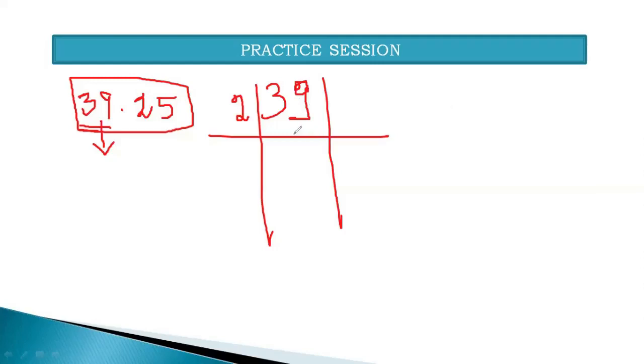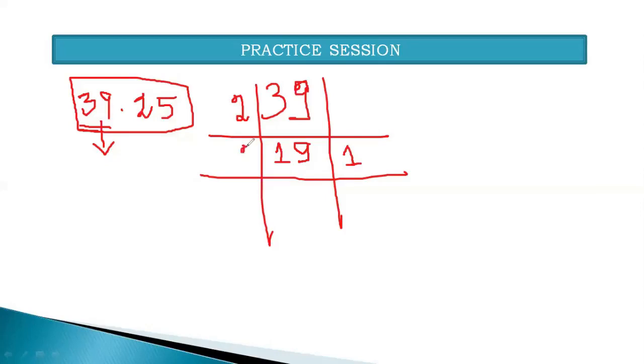Okay. So 39 divided by 2, 2 1s are 2, 1 will be the remainder, and 2 9s are 18. Finally, the new quotient will be 19, and the remainder after dividing 39 by 2 is 1. Write the remainder at the right hand side.